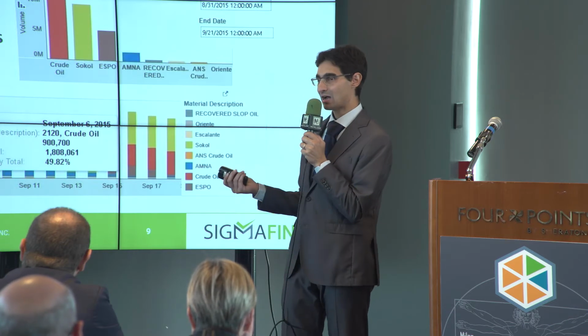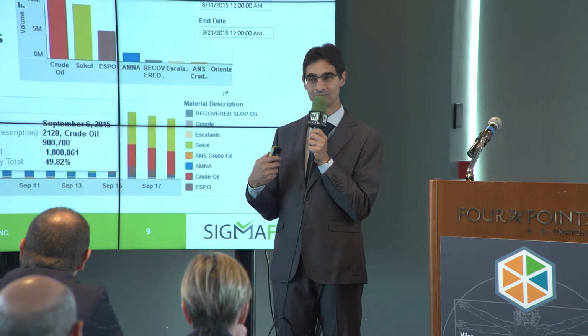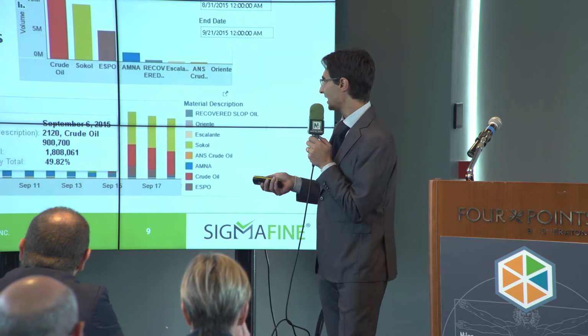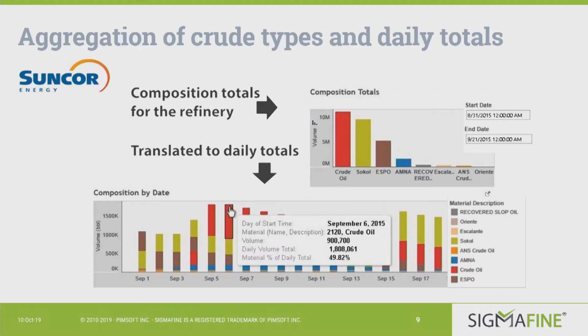So how is the distribution in the refinery by material day by day? And plus they are following how materials are changing in the refinery over the month. So you can see quite easily by the colors how the materials are consumed or received day by day.